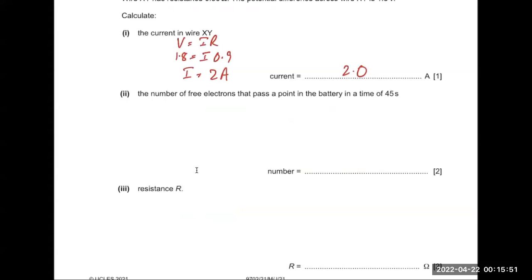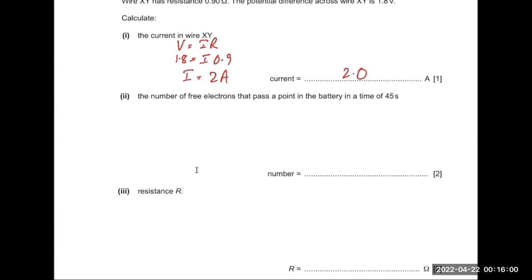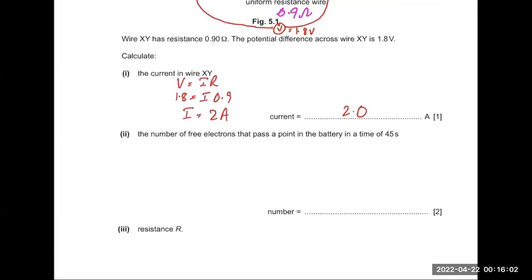Part 2 says, what is the total number of free electrons that pass a point in the battery in a total time of 45 seconds? Now, this 2 amperes here, what is this 2 ampere?